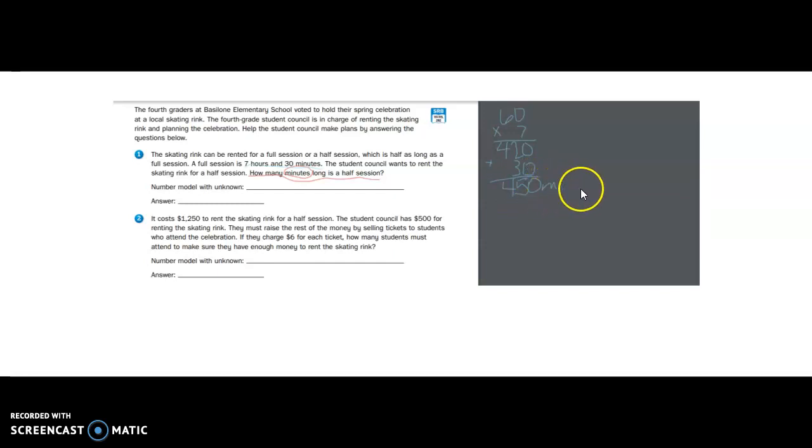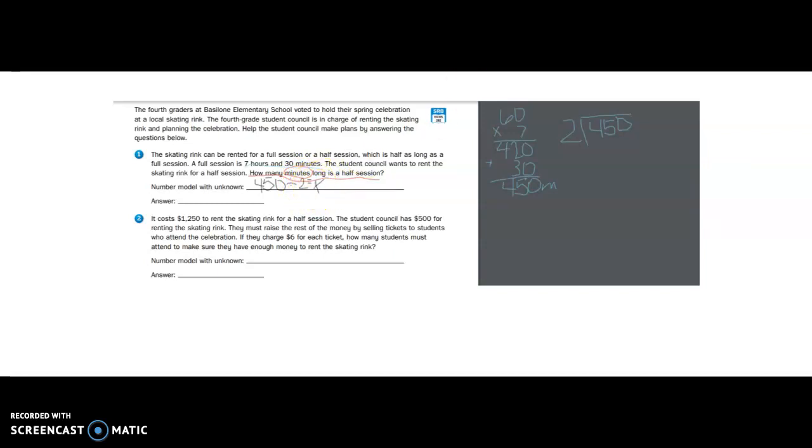So, to figure out what a half session is going to be, we have to divide 450 by 2. So, when we divide 450 by 2, we don't know what that answer is going to be, so our number model with the unknown is going to be 450 divided by 2 equals x.